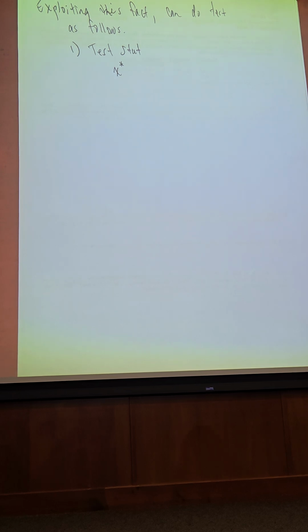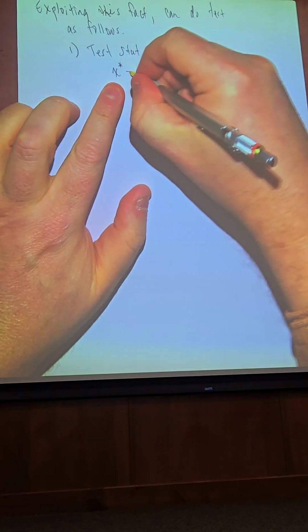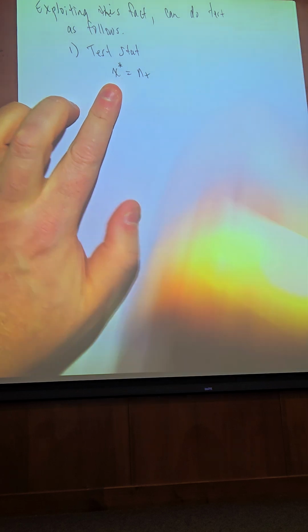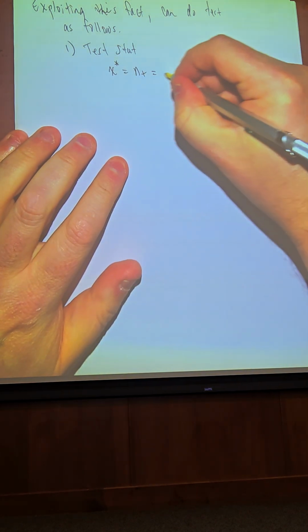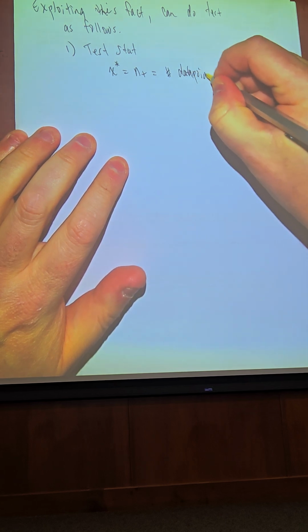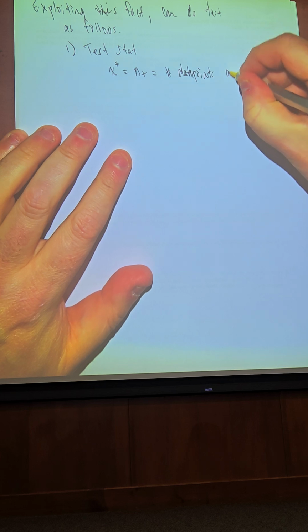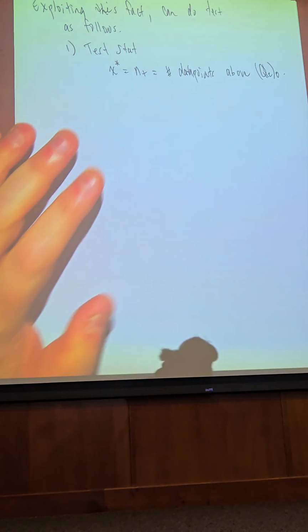This is Professor Matt's approach, so let my test stat X star be n plus, and n plus we define as the number of data points above my hypothesized value Q2 under the null hypothesis.